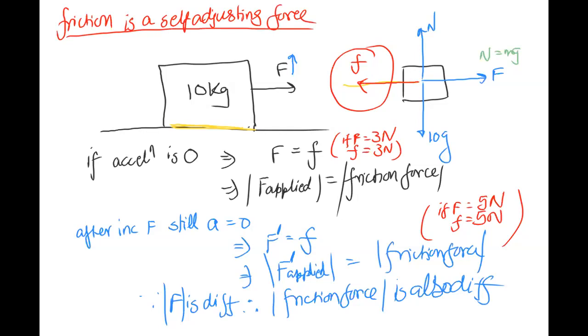अब एक पर्टिकुलर वैल्यू ऑफ F पे ये ब्लॉक मूव करने लगा। So let me write that here. When magnitude of F is equal to 10 Newton, the block starts to move. हाँ, बिल्कुल सही.